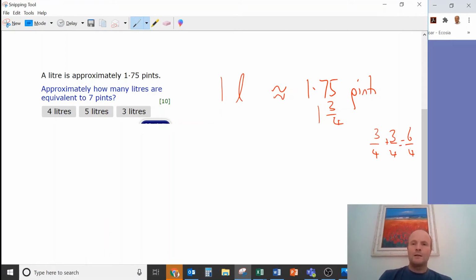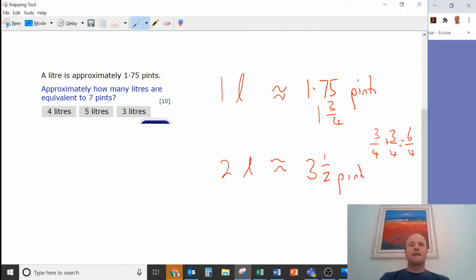So I had 1, 2, 3, 3.5 pints. And that's 2 litres. Then I double that again, double 3.5 pints. I've got my 7 pints and double my 2 litres, and that's going to be our answer.